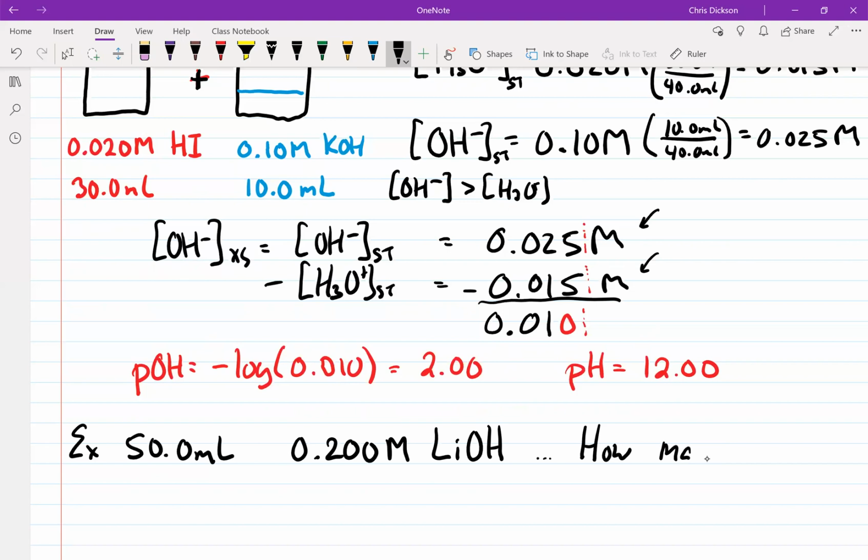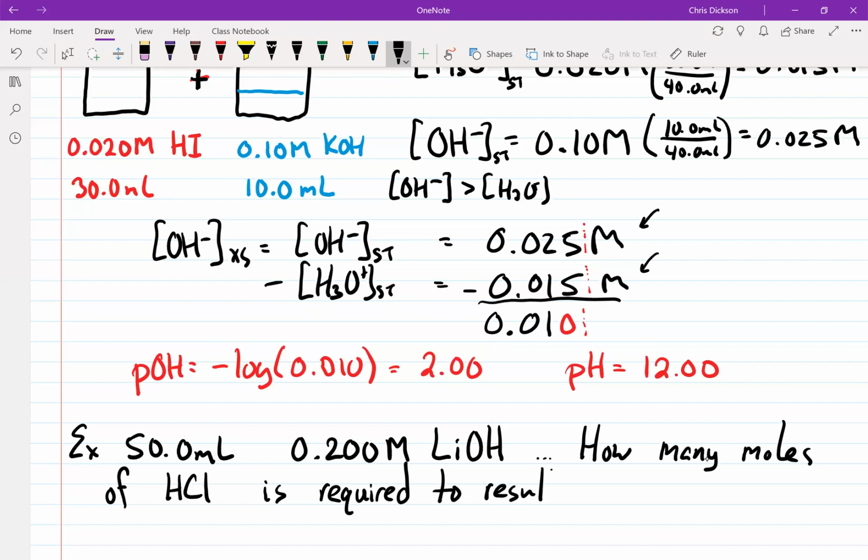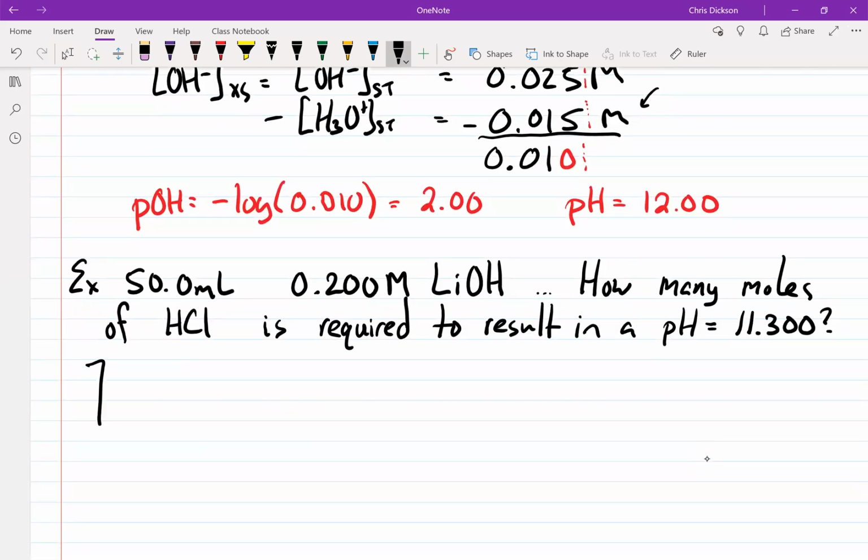How many moles of HCl is required to result in a pH equal to 11.300? Okay, so we've got this beaker, we've got lots of base in there.